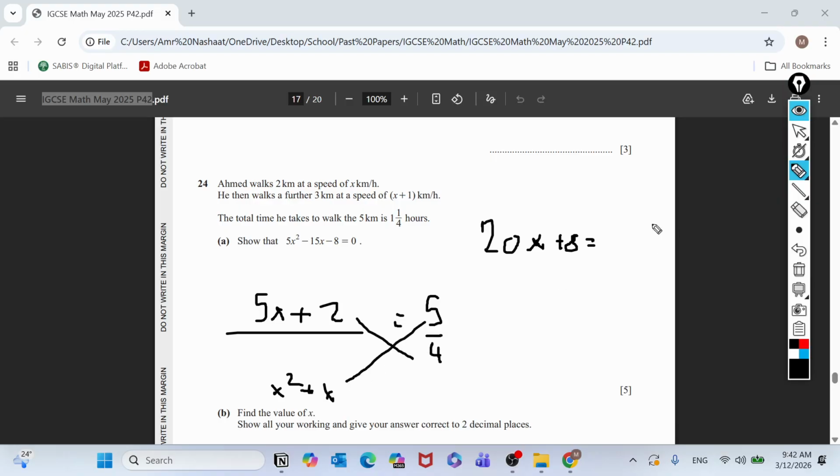Now we multiply this, so it's gonna be equal to 5x squared plus 5x. Okay, now let's just take everything to the other side.